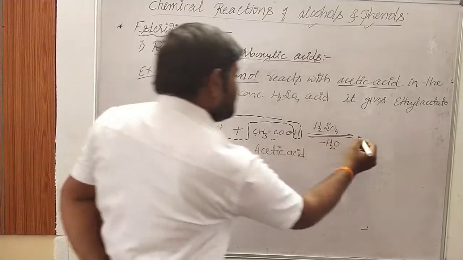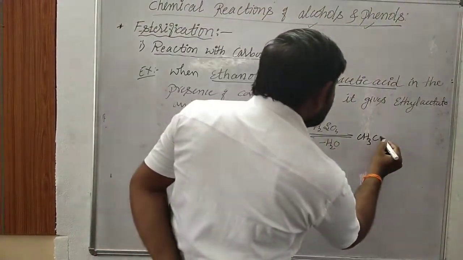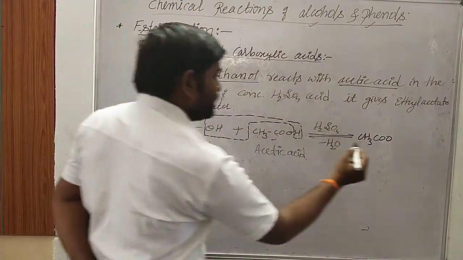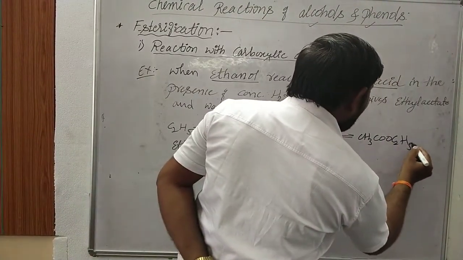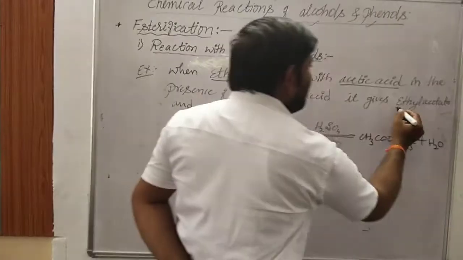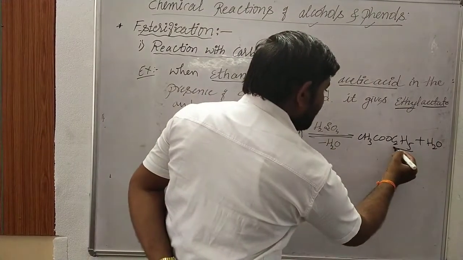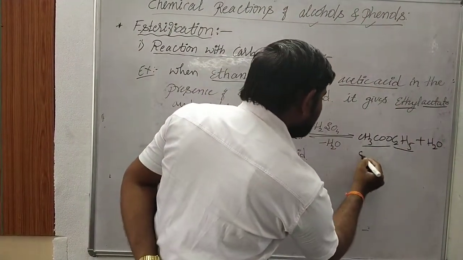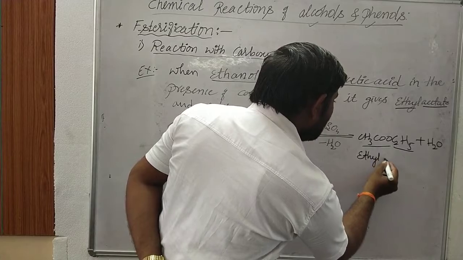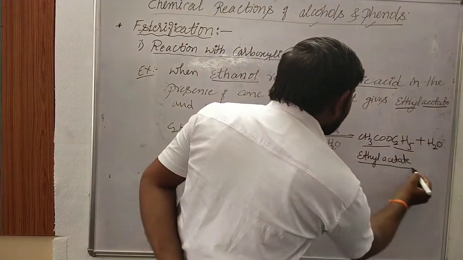That can be written as CH3COO C2H5 plus water molecule. It gives ethyl acetate and water. This part is called ethyl, this is acetate, and this is water. The product is ethyl acetate.